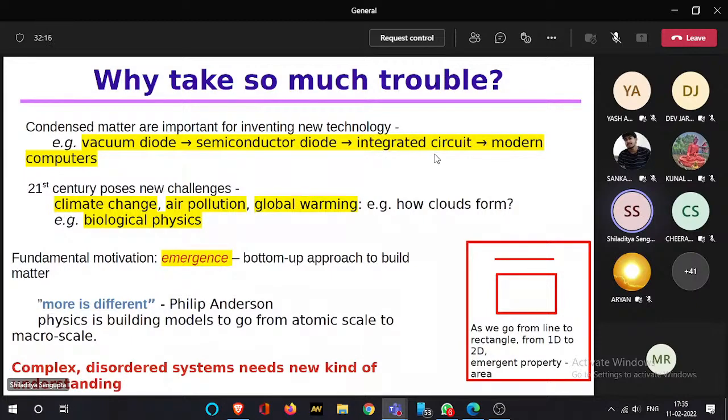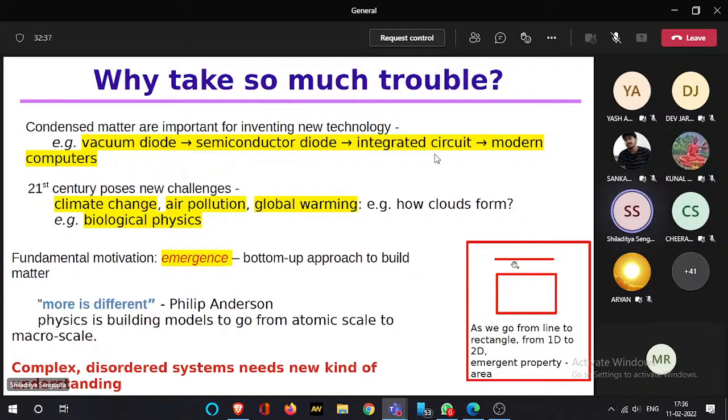So each of the individual points did not have this property. A point, an ideal point, doesn't have a length. But when they come together and make this particular object, which is a line, there is a new property that we call emerges.